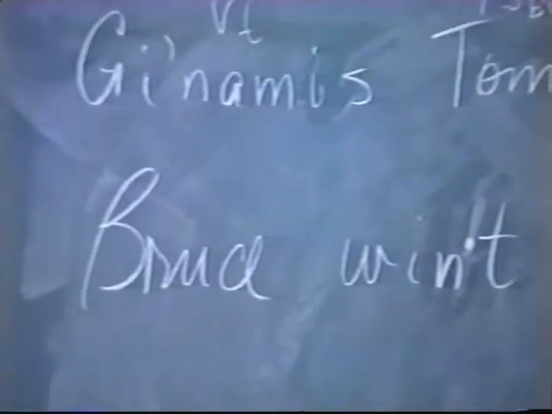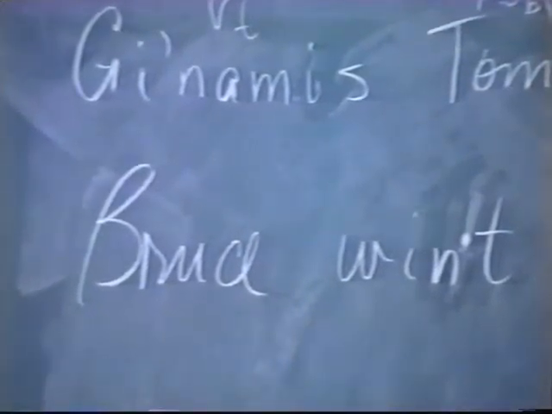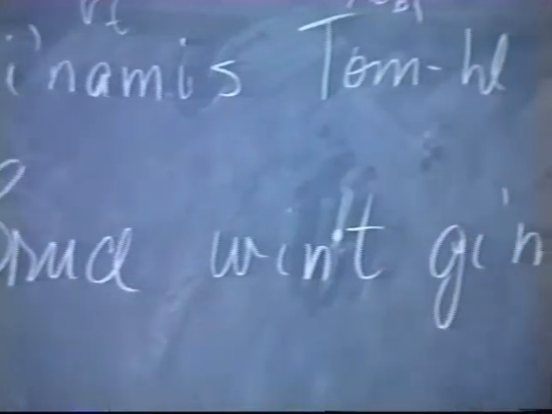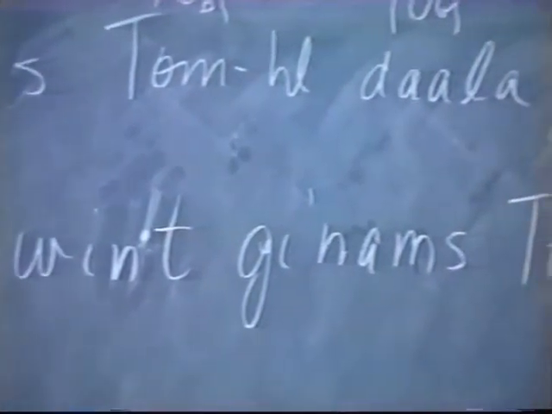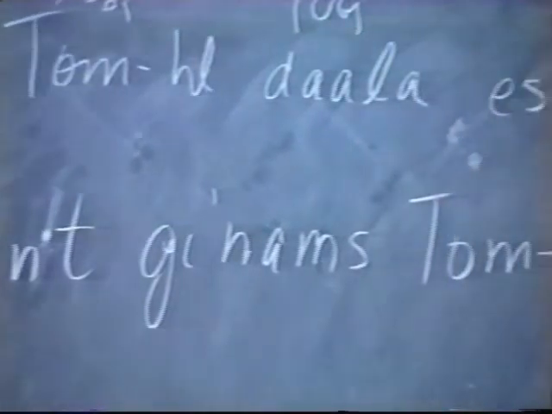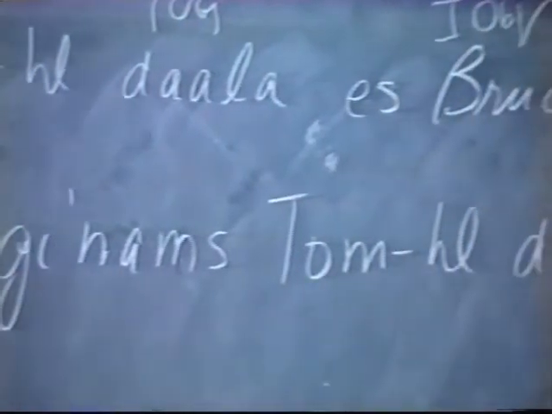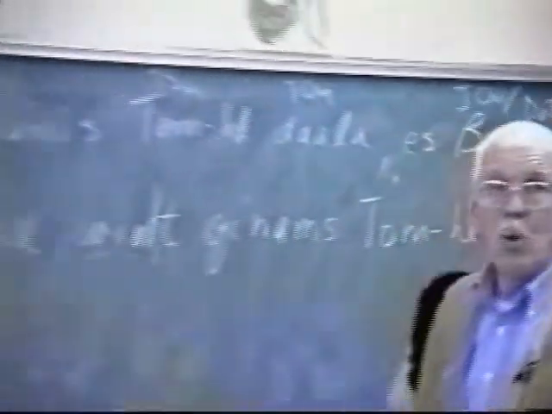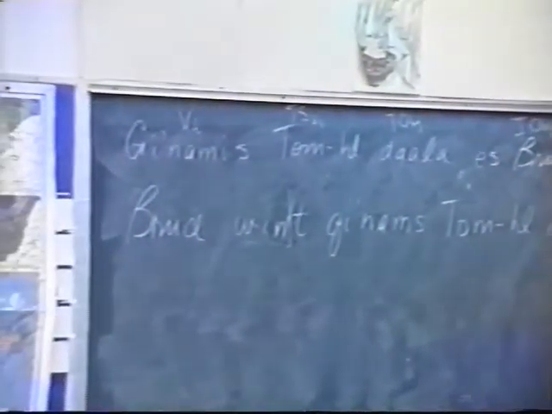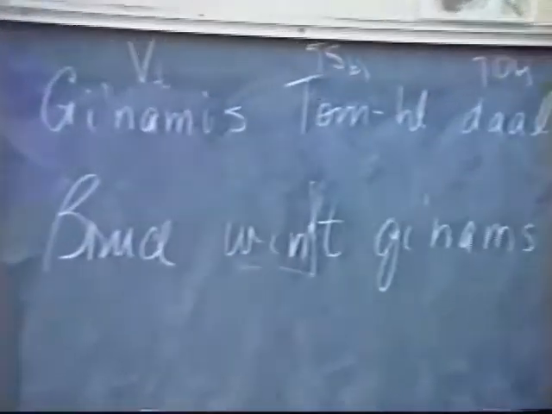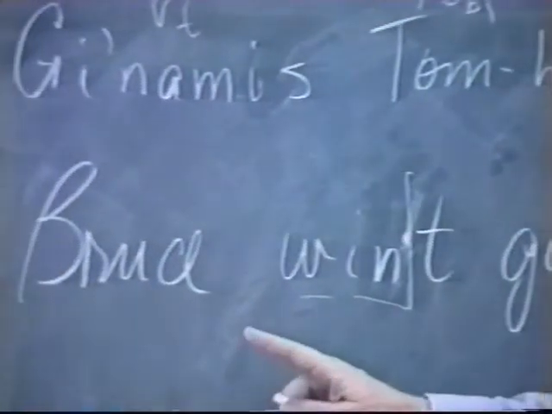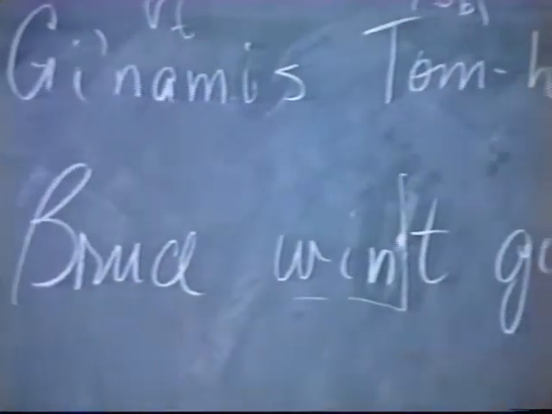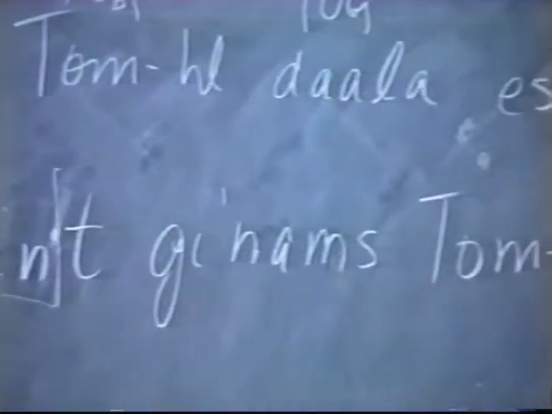So I hope I've got this right. I think I do. Where the when right here doesn't mean when or where, but it actually means sort of like to whom. How is this then? Bruce went genoms Tom's Dala.